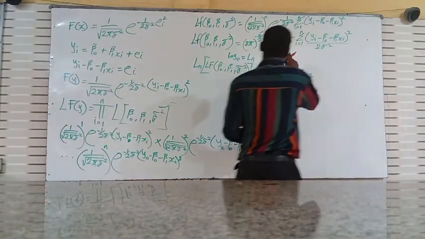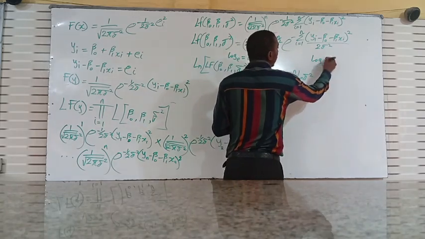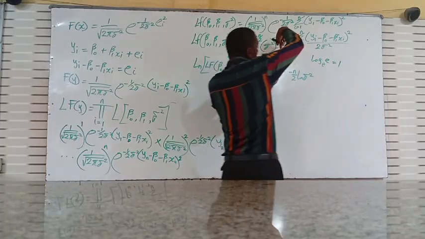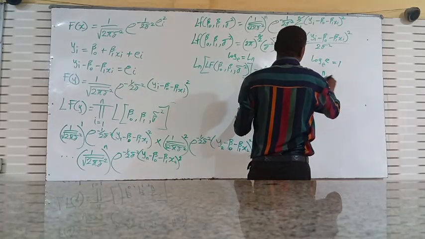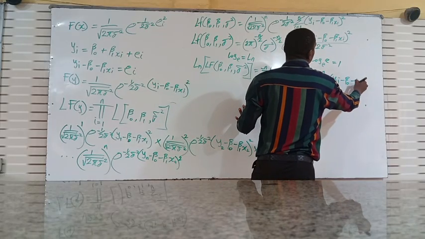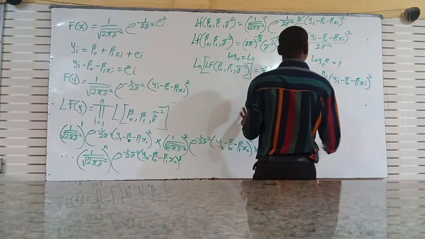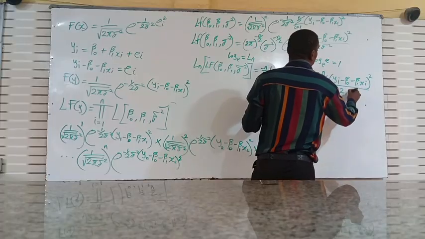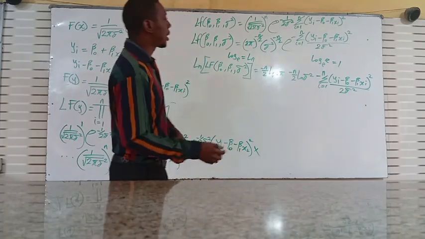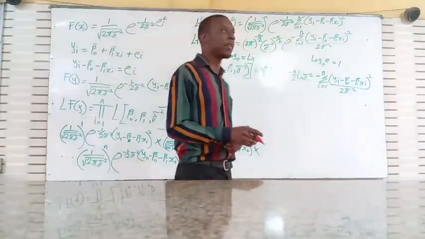Then remember that this is e, and we are doing log e, which is as good as 1. So the power will come down, and I'm going to have minus the sum of (yi minus b naught minus b1 xi) to the power of 2, over 2 sigma squared.